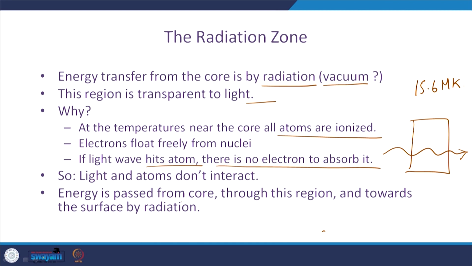So, energy is passed from the core through this region and towards the surface by radiation. Since due to the extreme temperatures involved, this entire region, called the radiation zone, behaves as a transparent medium for the light to travel from the core towards the surface. So, this is the importance of the radiation zone.